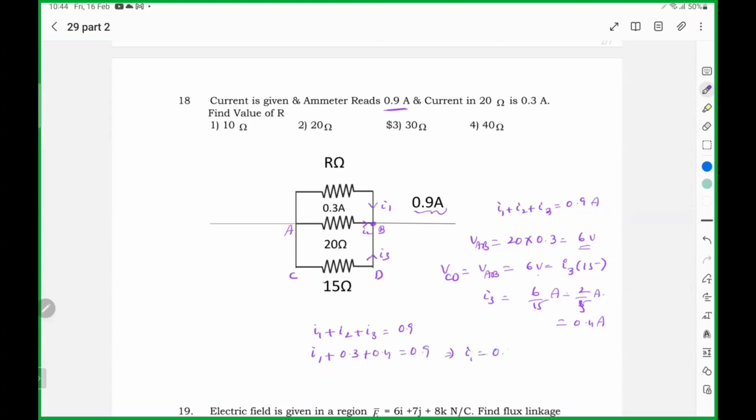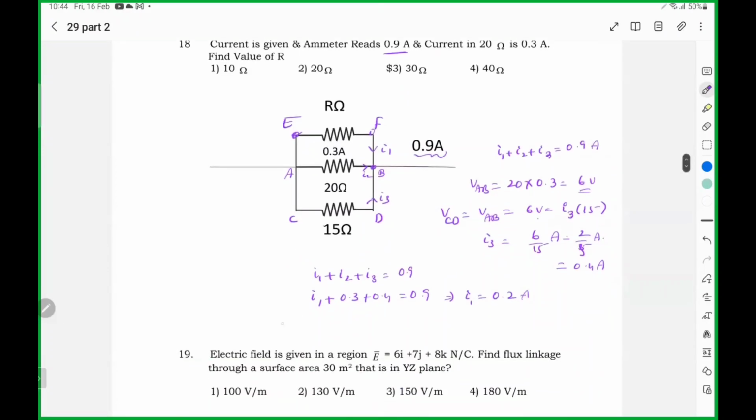I1 will be 0.2 amperes. So the potential difference across AF is also 6 volts, which is I1 into R. I1 here is 0.2 into R. R will be 30 ohms.